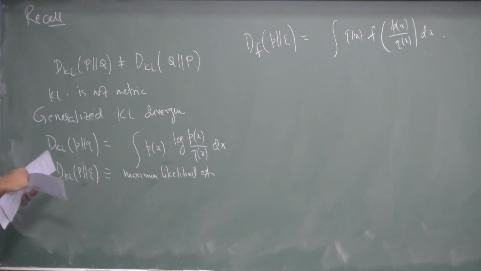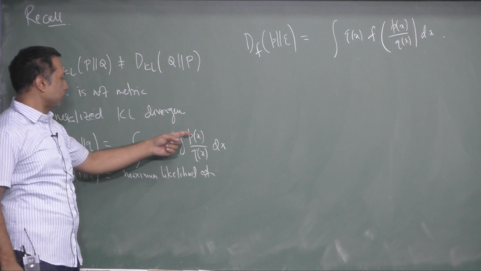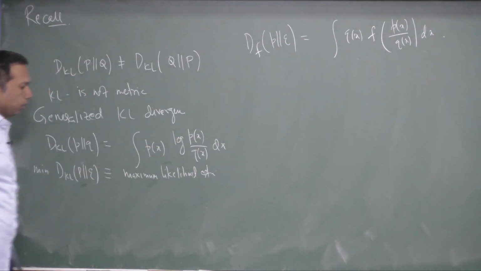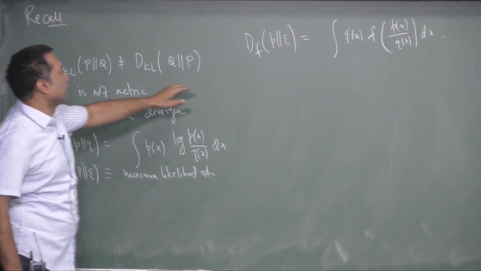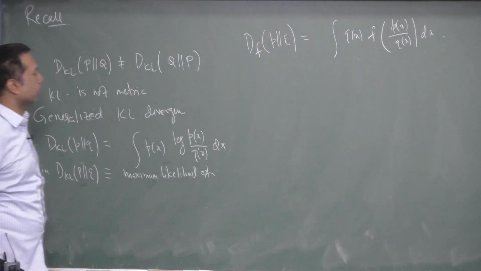So this was our second step, where we said that this is our KL divergence, so why not generalize it using some function f. It helps if f is convex, then it gives you an interesting measure.